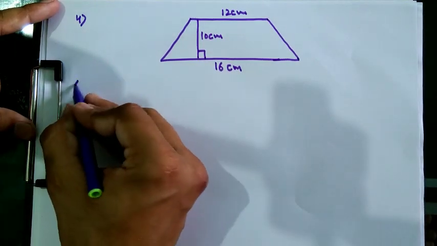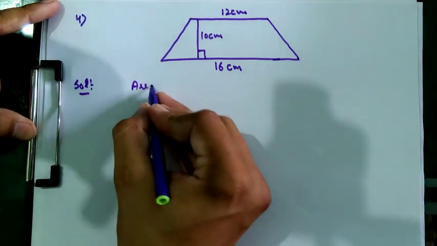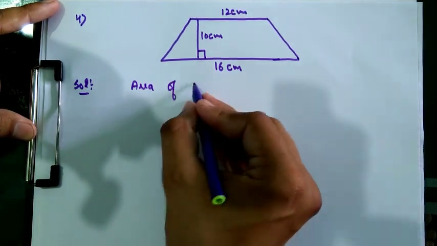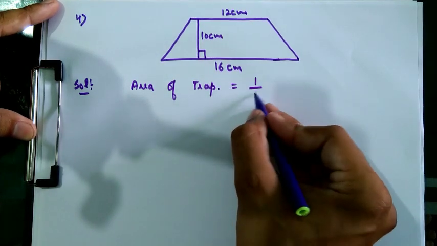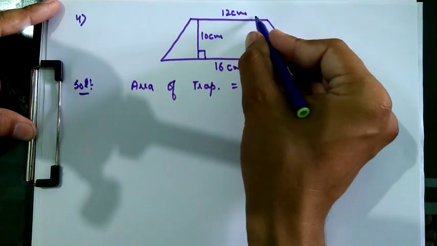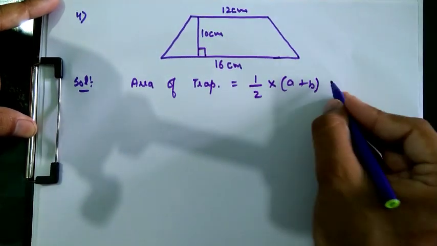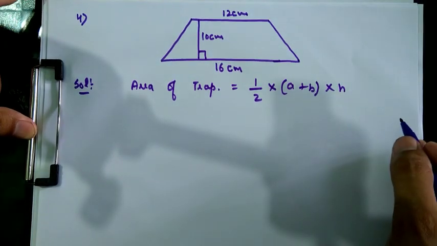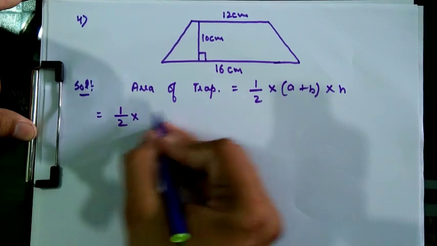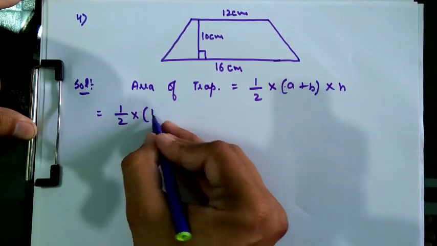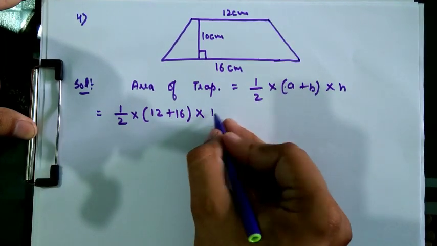So simply you will write the values. Firstly, the formula for area of trapezium is half into the sum of upper side and lower side, a plus b, into h, where h is height. So half multiplied by a plus b, meaning 12 plus 16, into 10.